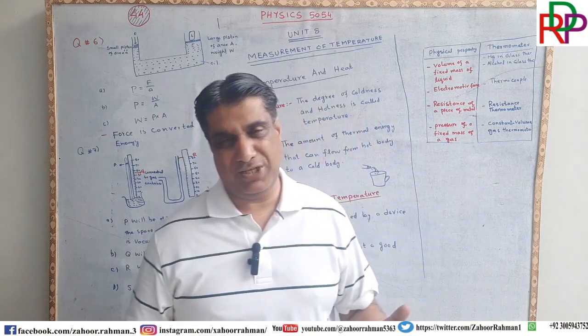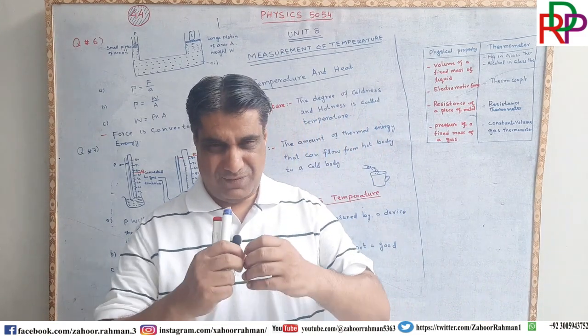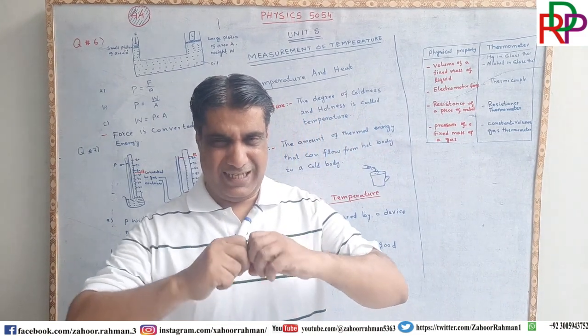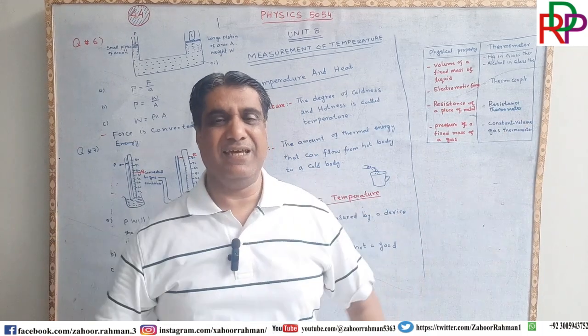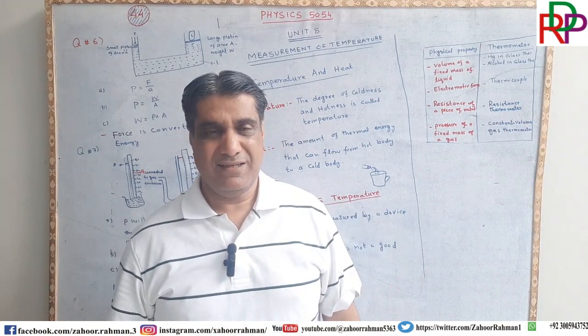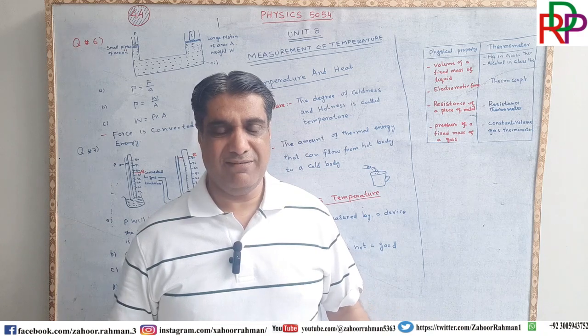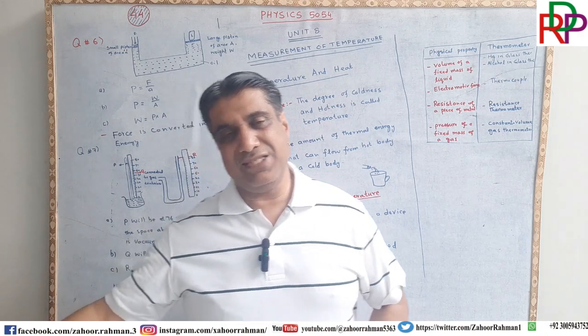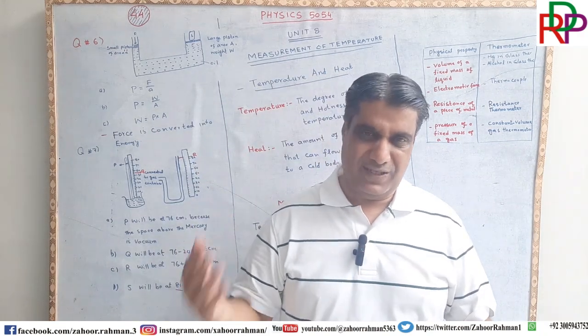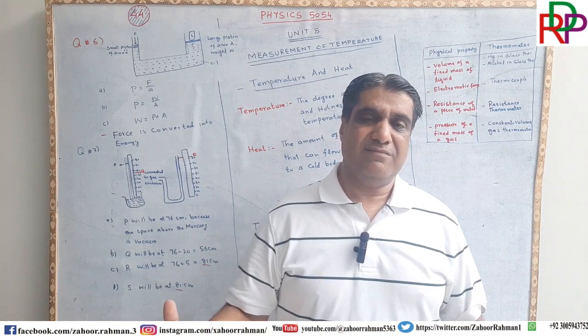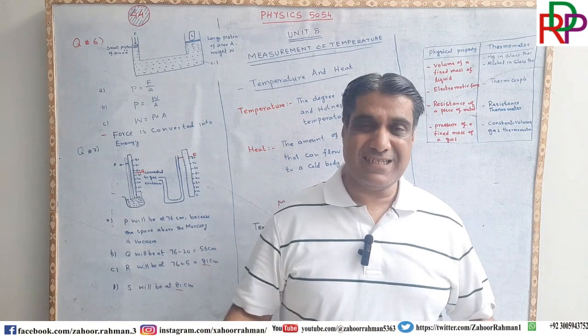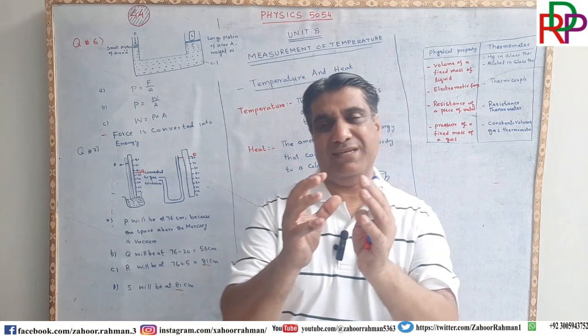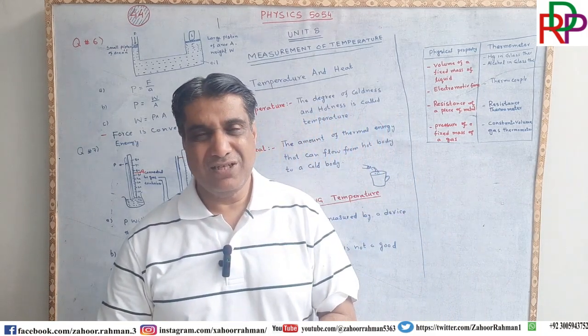In the hot area, there will be high pressure, because when heat is given to the air, the air particles spread out, and it means that pressure is high. In the cold area, the particles in the air will be compact.